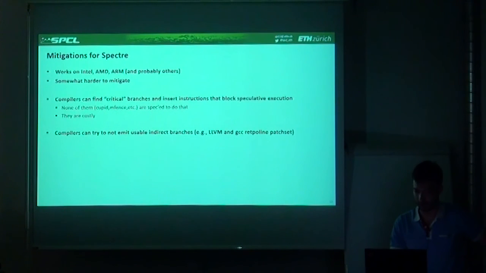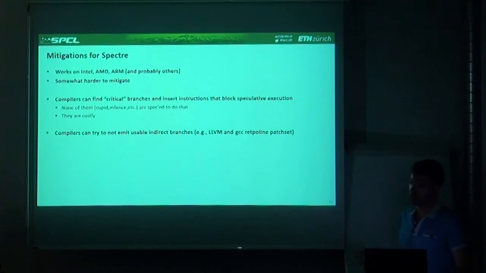So that is scary. How do we mitigate that? Spectre doesn't work only on Intel, but on AMD and on ARM too, so everybody is vulnerable, and it's much harder to mitigate, because suddenly you need to look at every jump. It's not only the loads of some address, where you can just check if it's kernel memory by looking at the address.